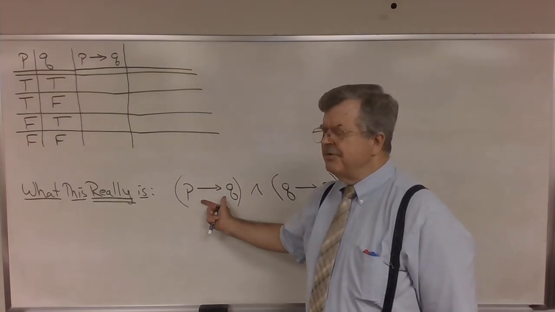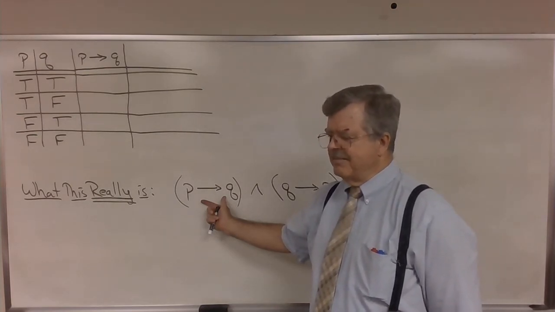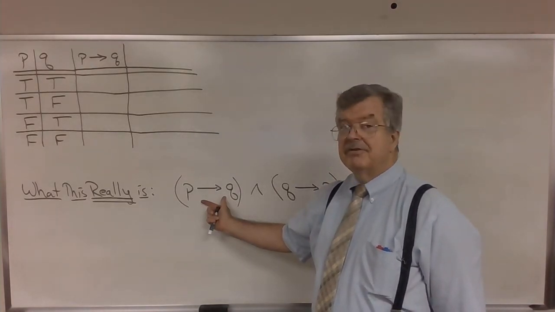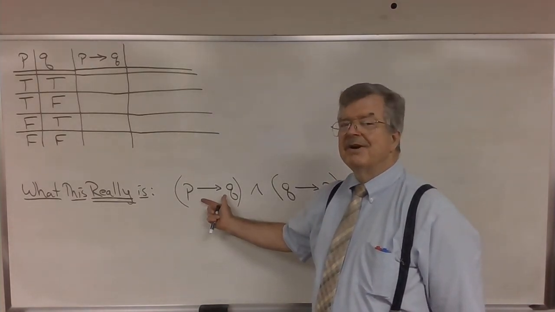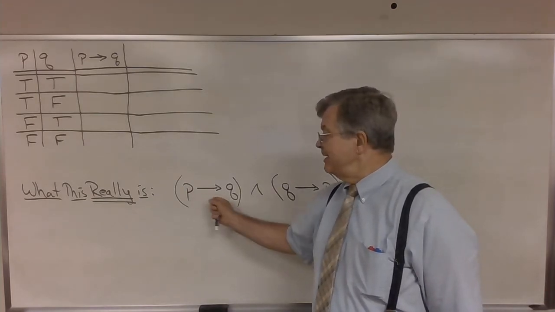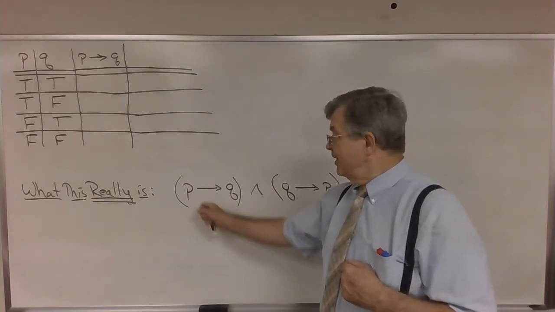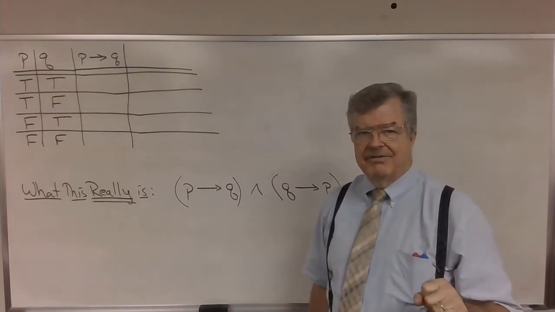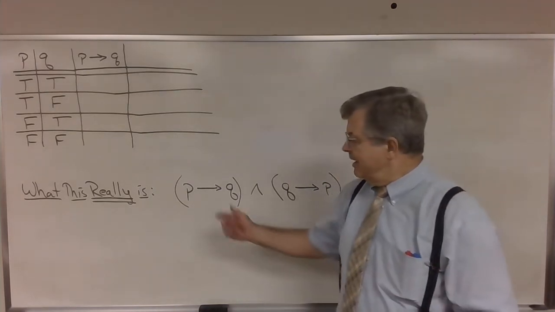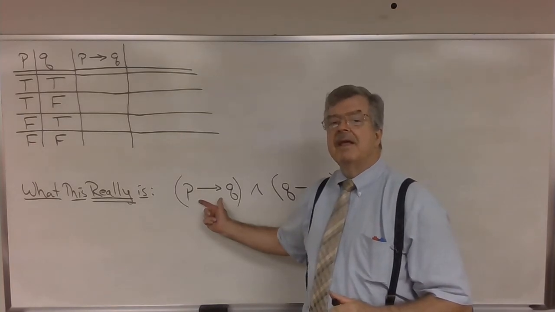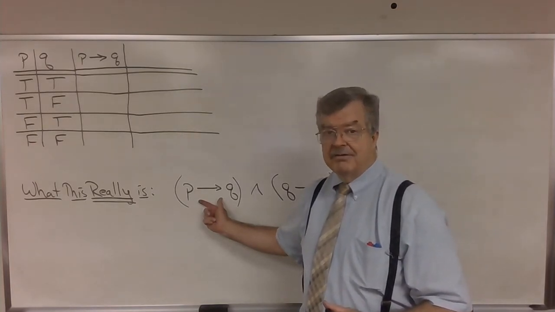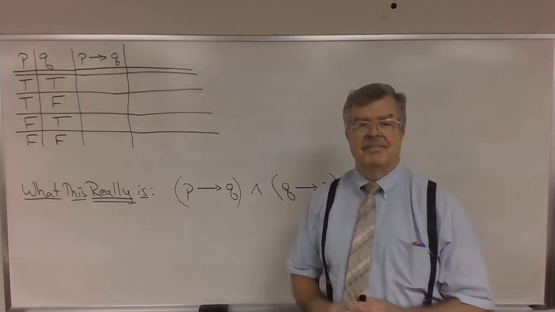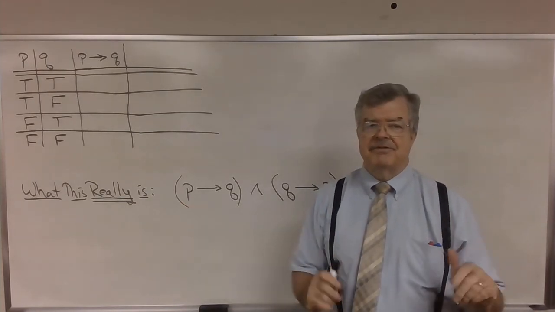What does the truth table for a conditional statement look like? Remember the special case. For a P implies Q, or an if P then Q, what's the special case? A conditional statement is only false when we have a true implying a false. It's going to be true the rest of the time.